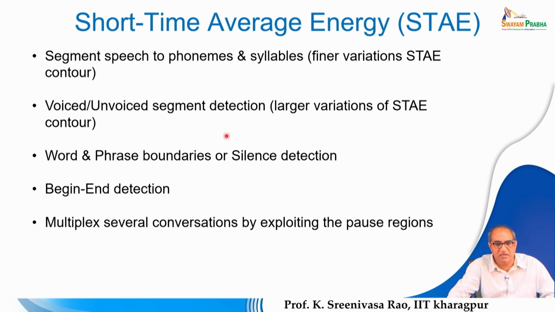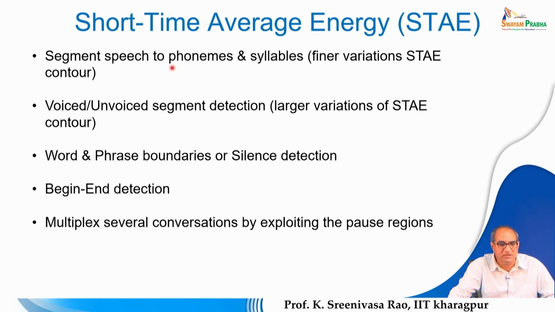In case of short term average energy, this is used basically for segmenting the speech into sound units. As we know, speech is nothing but a sequence of sound units, and by analyzing the short term average energy contour, one can automatically segment the speech based on the sound units present in the signal.